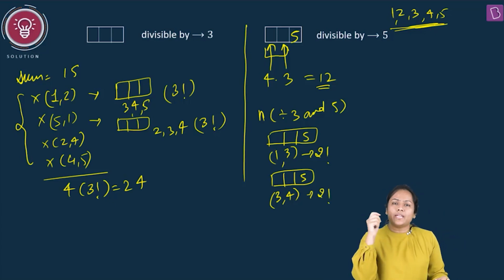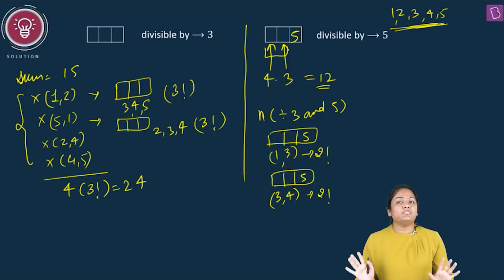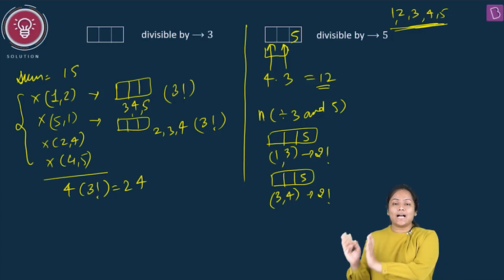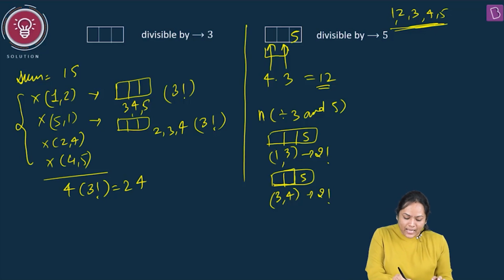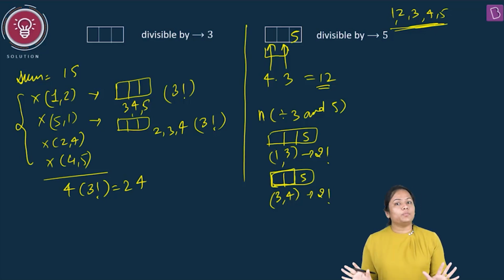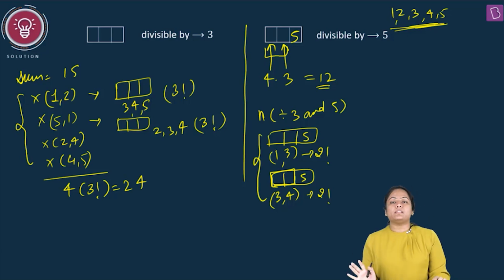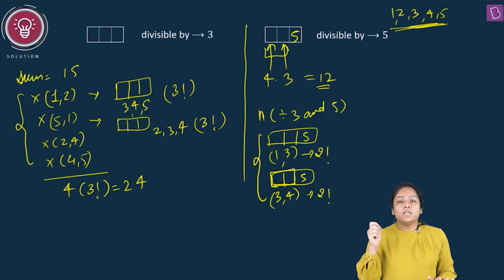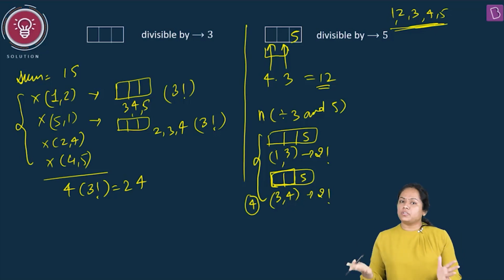Now, think about it, can I get a sum higher than 12? Well, I cannot get it as 15 because 5 is already placed in the last place. I cannot get the sum of these two places as 10. It is not possible, right? So these are the only 2 cases where the number is divisible by 15. So I'll have 4 cases for this: 2 factorial plus 2 factorial is 4.